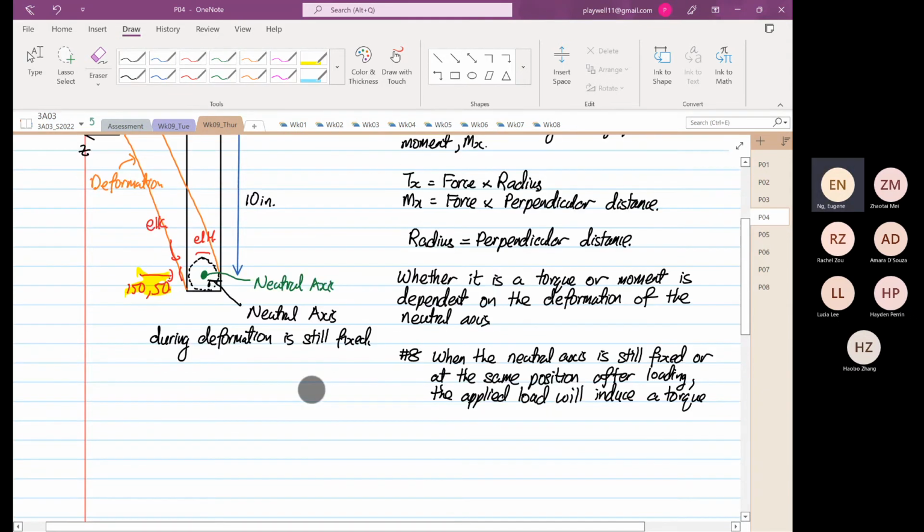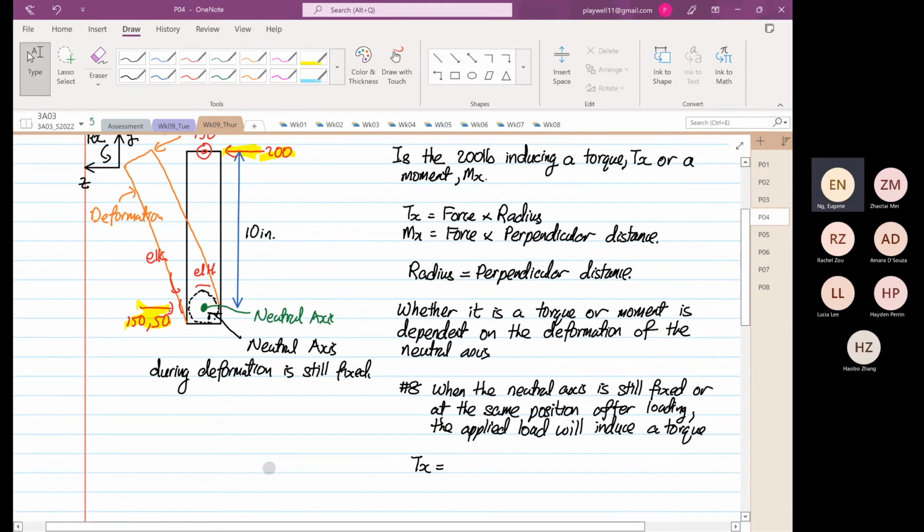So for this case, torque in the x-axis is equal to 200 multiplied by 10, so it's equal to 2,000 pound-inch, and the rotation is going in this way.